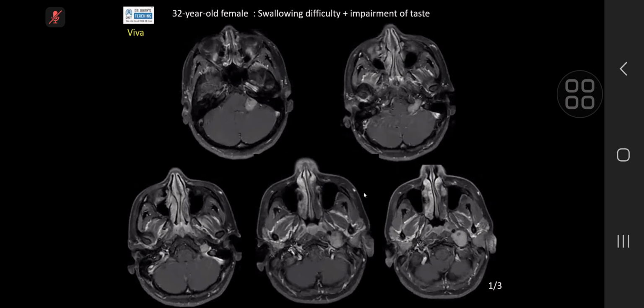So we've got axial sequences through the lower part of the cranium, T1 post-contrast, post-gadolinium images, selected sequences, and I can see that within the left posterior fossa there is an enhancing lesion, and I'm just going to interrogate the other images.